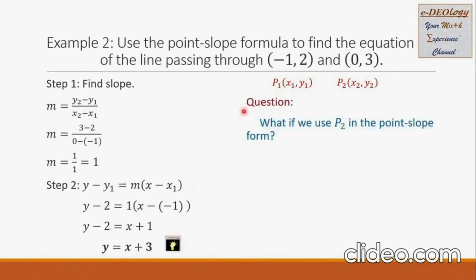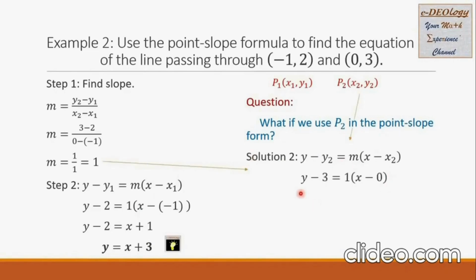So what if we use P sub 2 in the formula? Let us solve that one. So y minus y sub 2 equals m times the quantity x minus x sub 2.